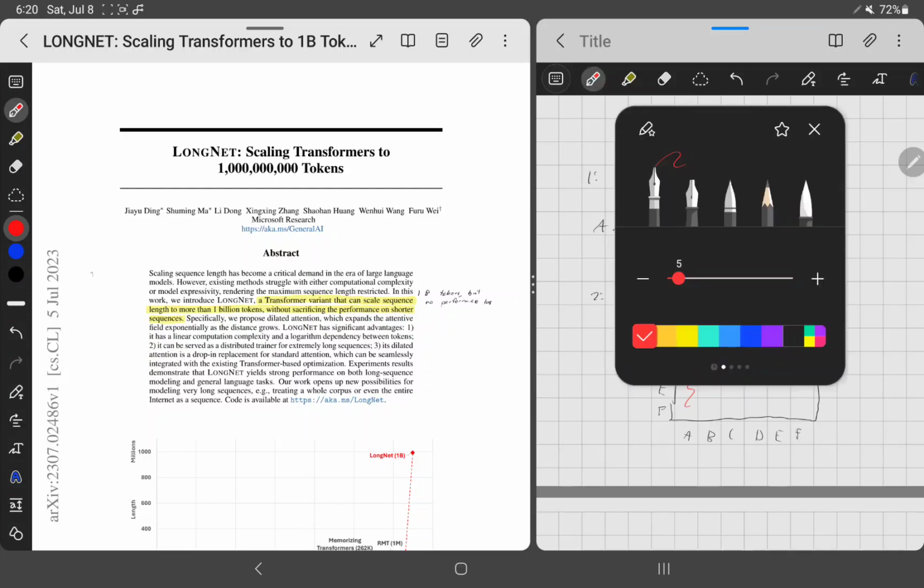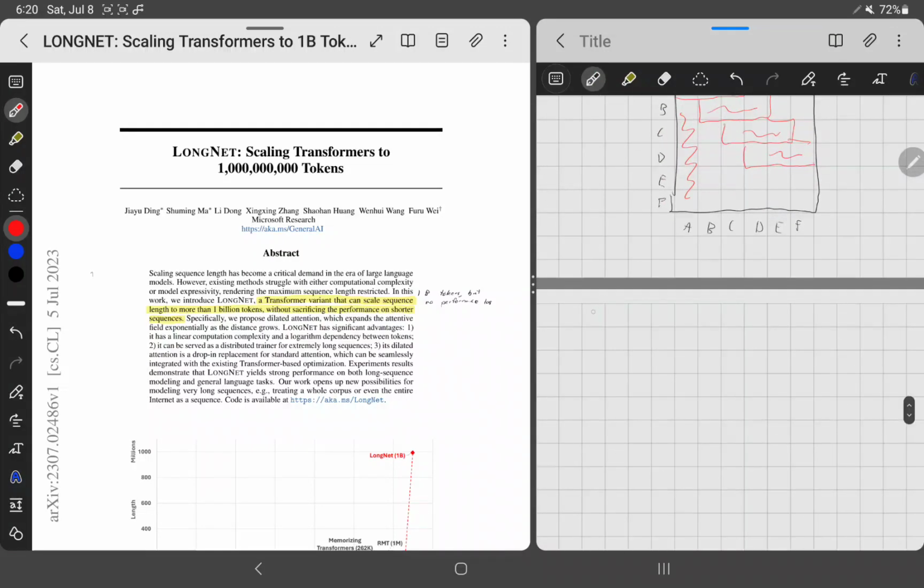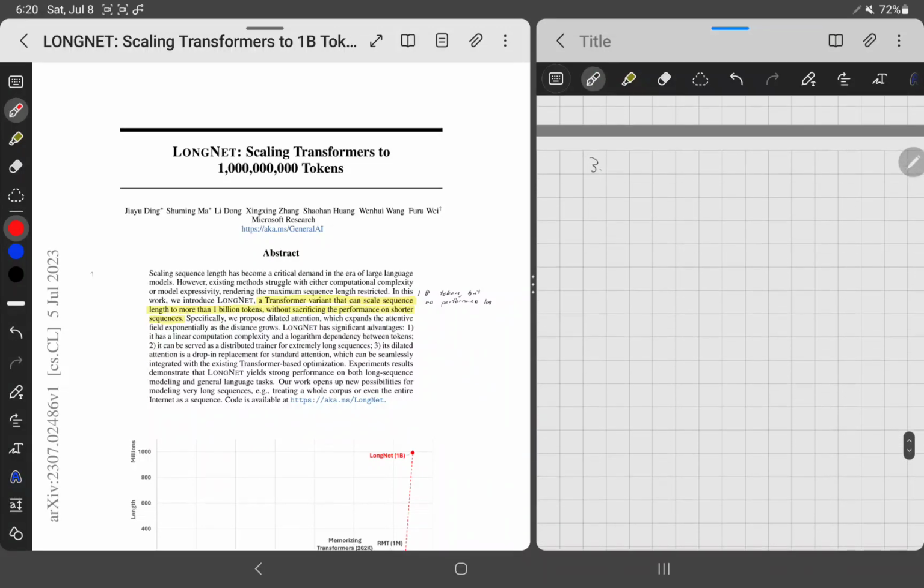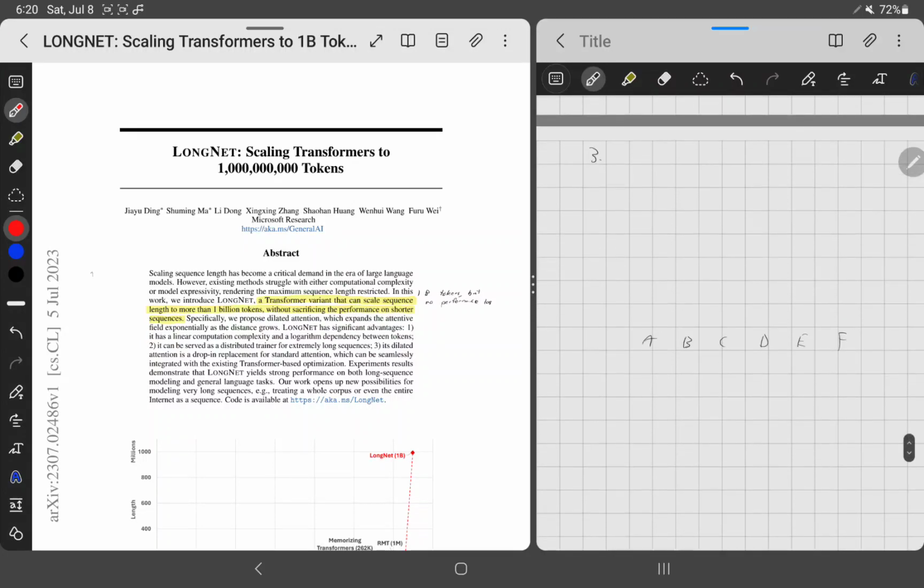Now, a third method is, well, what if we do a window attention? So say we have A, B, C, D, E, F. If I do attention on all this, then A would attend to everything. But if I do a windowed attention, maybe I would split my sequence in half, or split my sequence into pairs of two or something like that.